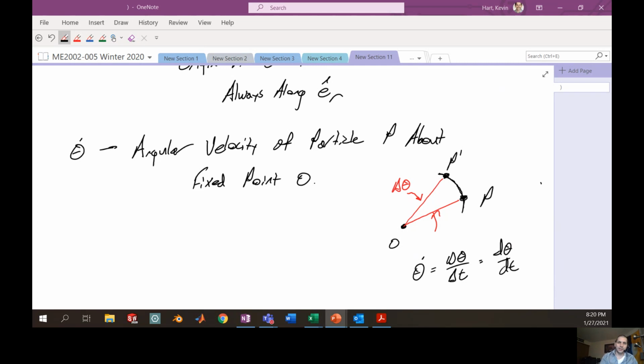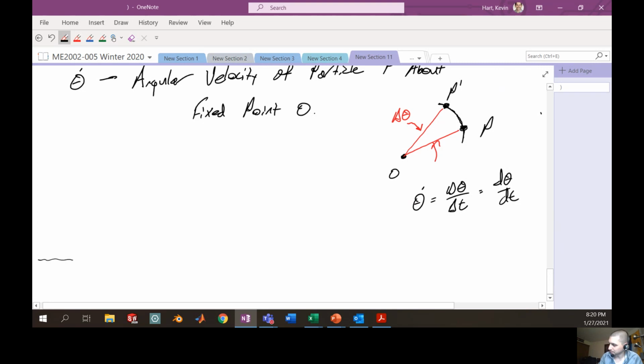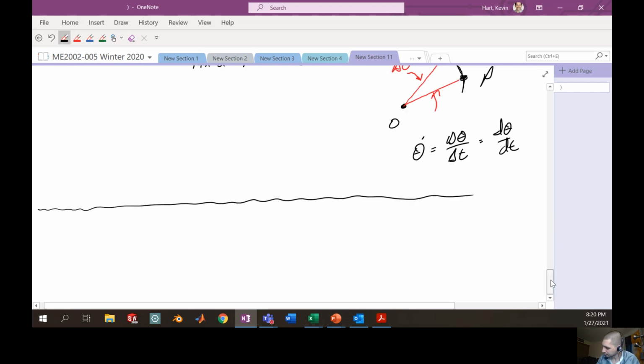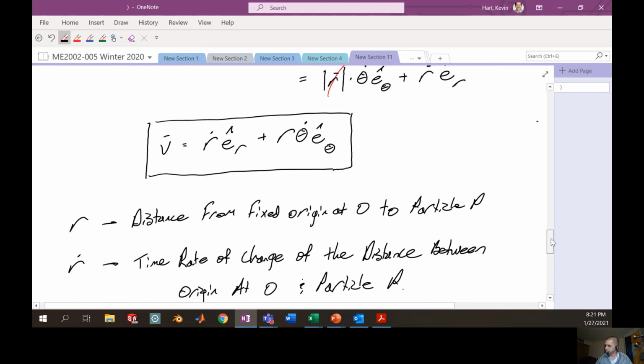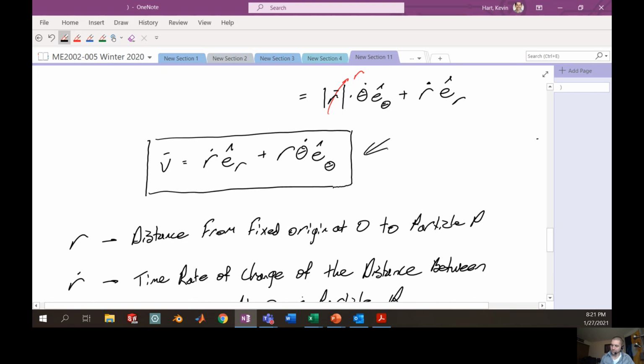All right, that's velocity. So we bang that out. Let's continue now with acceleration. I think the velocity terms are pretty straightforward and easy to understand. I think people do okay with velocity and generally can understand the physical idea of what each one of these terms represents.